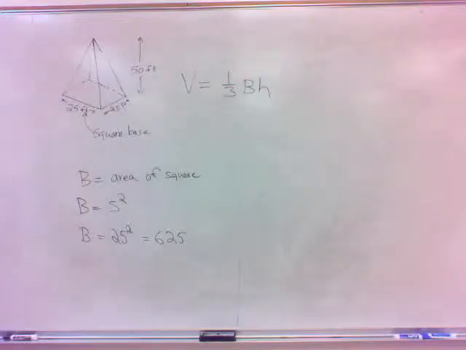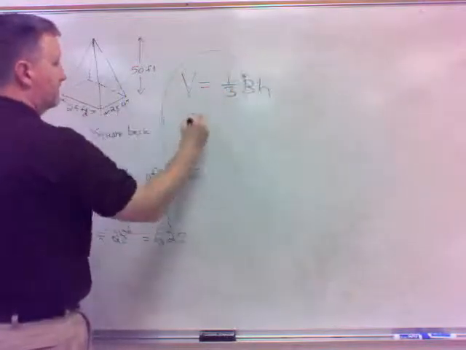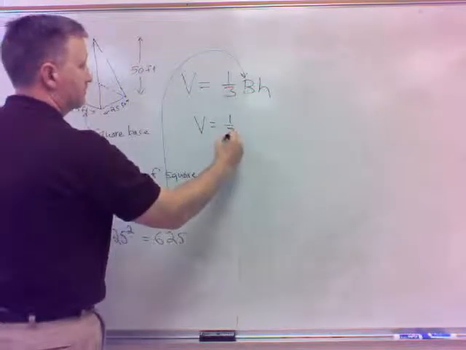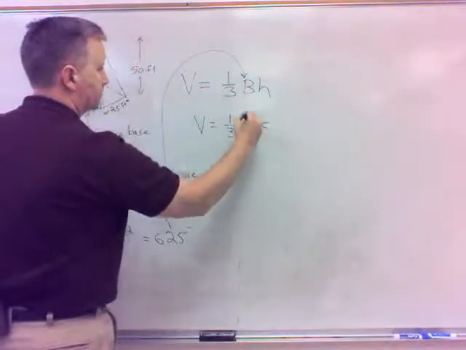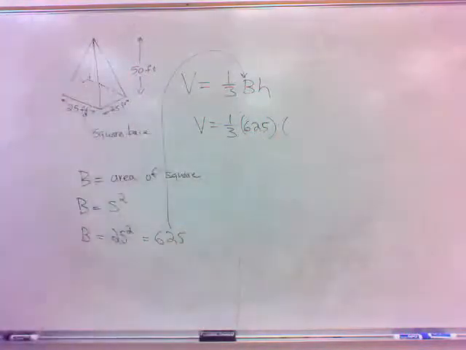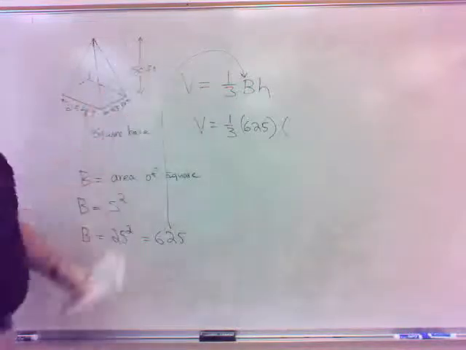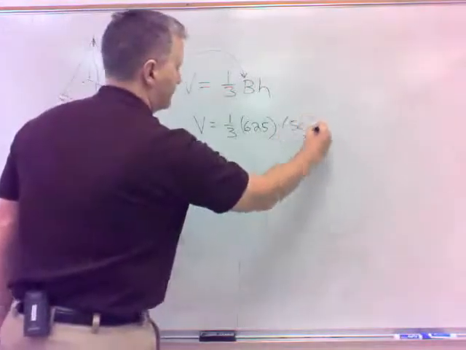Okay. That's my big B. So I'm going to plug in 625 for big B. Now multiply it by the height. Talking the height of the pyramid. Height of the pyramid is 50 feet.